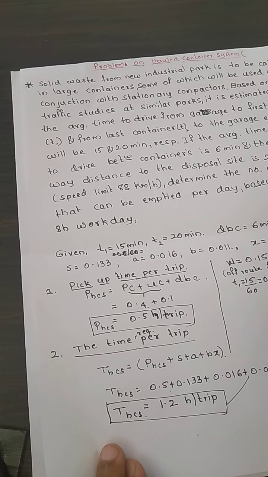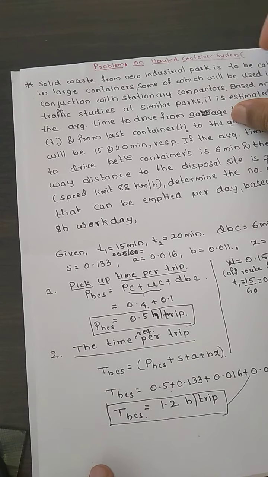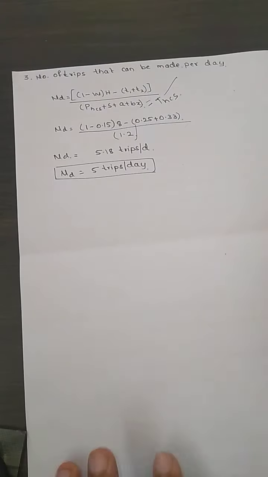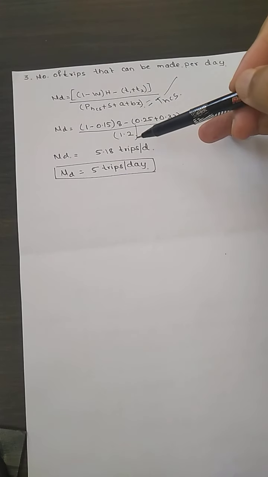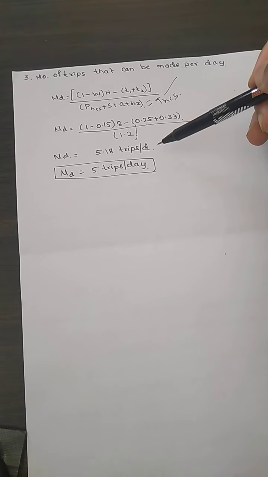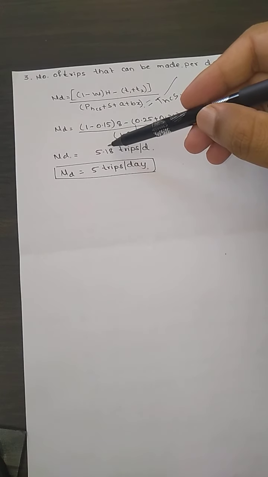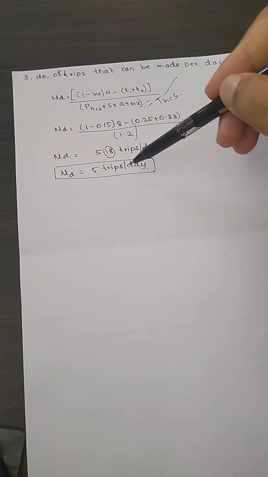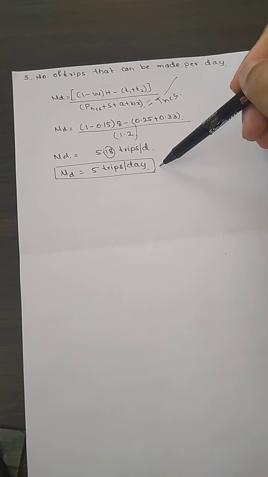From here we will take the value 1.2 hour per trip. So if you simplify, the number of trips required per day is 5.18 trips per day. It cannot be 0.18 trips per day, so we will keep it as 5 trips per day.